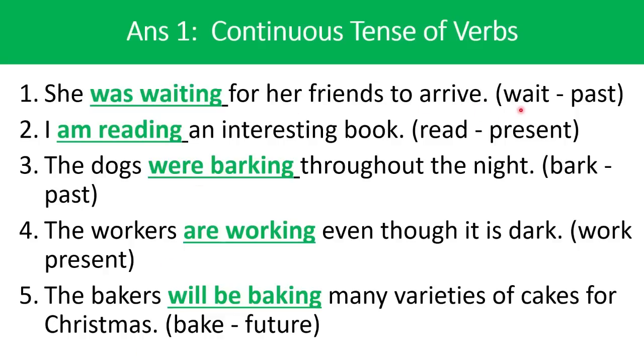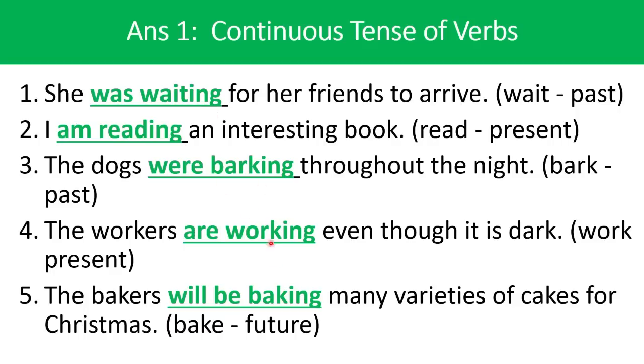The verb is wait, so ing waiting. The verb is read, so ing reading. The verb is bark, so ing barking. The verb is work, so ing working. The verb is bake, so ing baking. You see, the verb is always in the ing form, whether it is past, present or future.